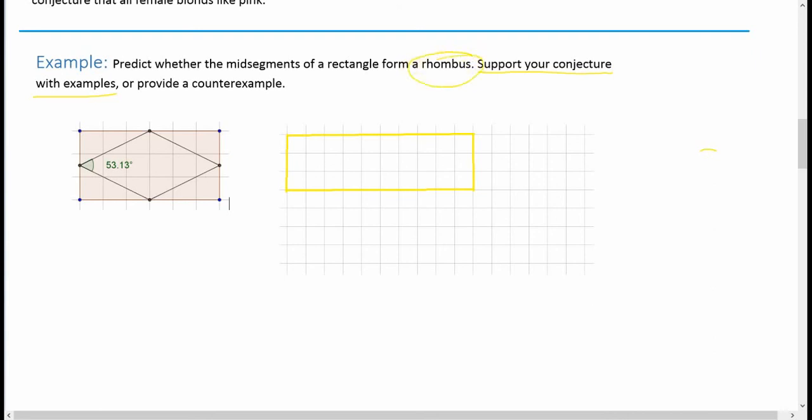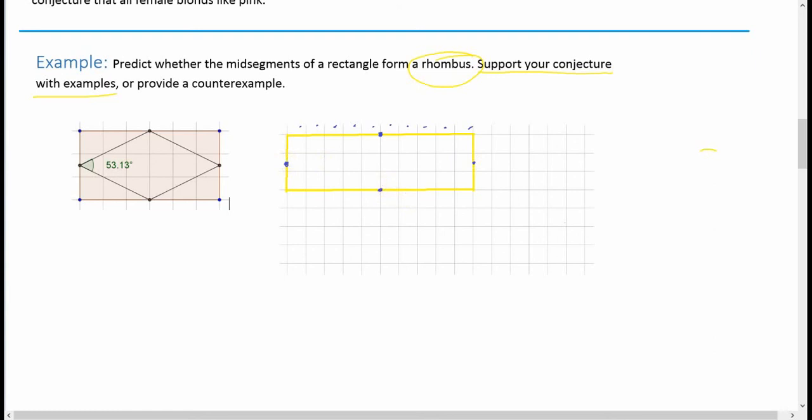So let's try to show it forms a rhombus. Okay, so this length is 1, 2, 3, 4, 5, 6, 7, 8, 9, 10. That's great. I don't even need a ruler. 1, 2, 3, 4, 5 is the midsegment. And here 1.5, 1.5, 5.